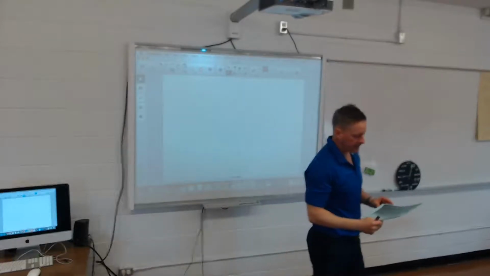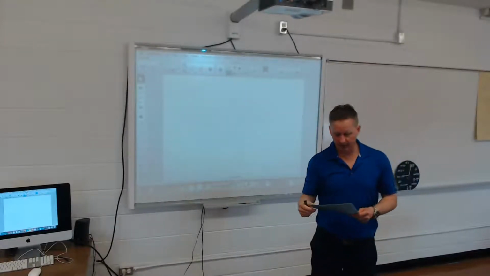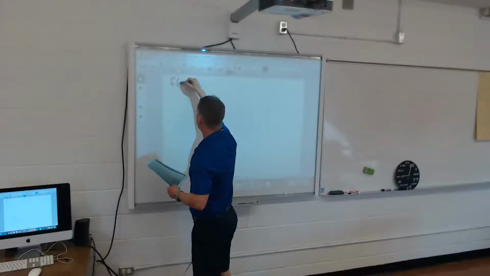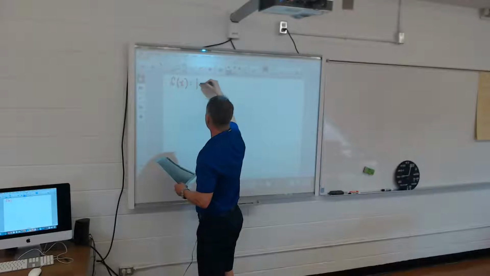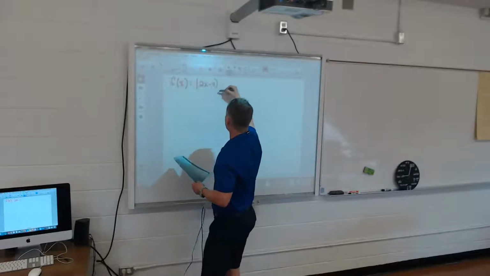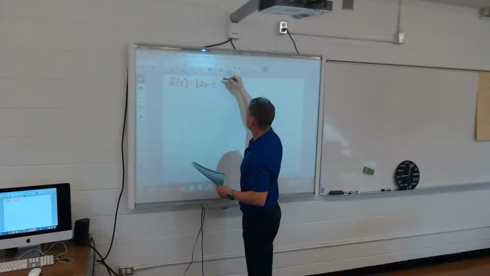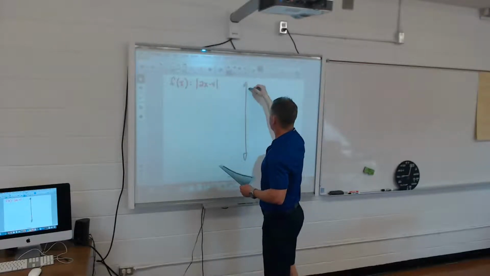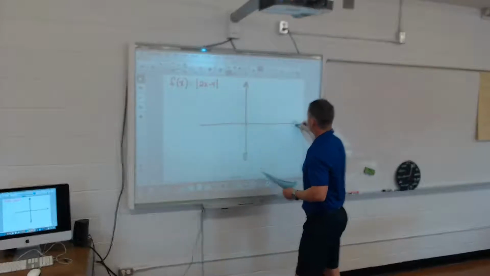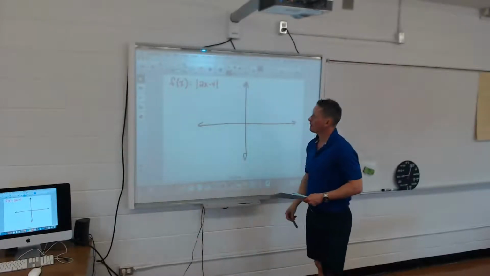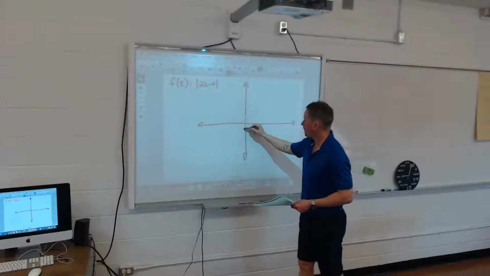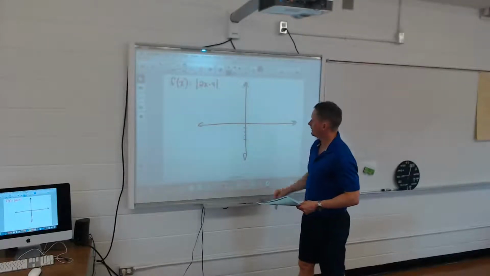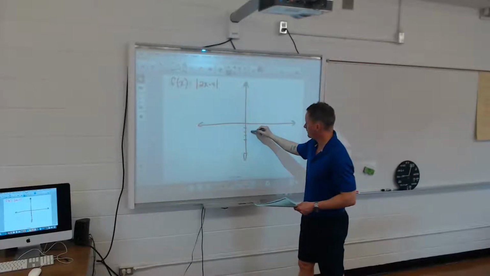Consider the function f of x equals the absolute value of 2x subtract 4. So f of x equals absolute value 2x minus 4. Okay, 0, negative 4 right here. Up 2, right 1.